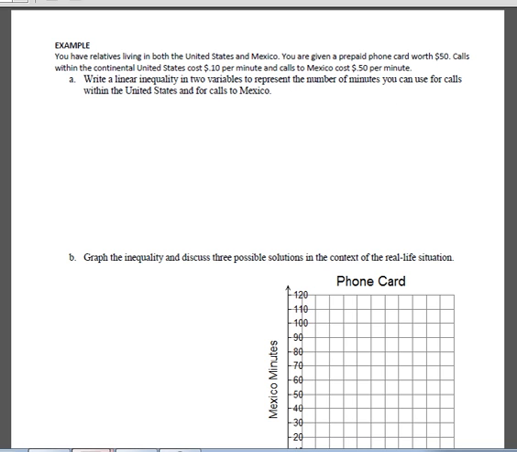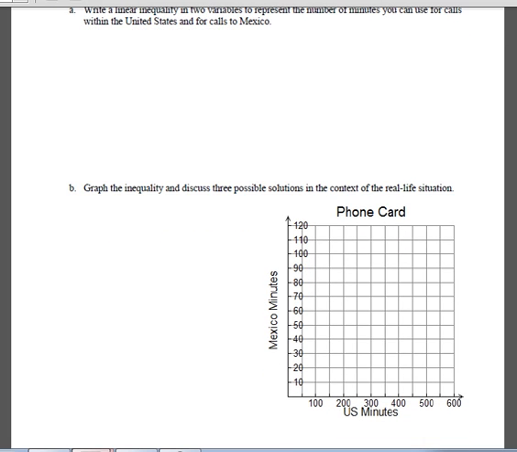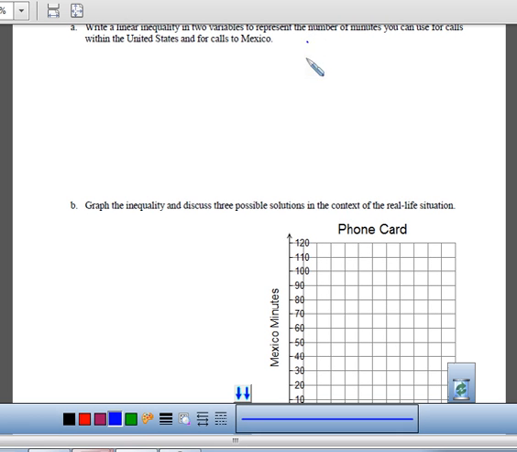Now, first thing I need is to declare my variables. If I look at the graph below, I already know what my x and my y are going to stand for. I'm going to let x equal the number of U.S. minutes, and so y is the number of calls to Mexico minutes.